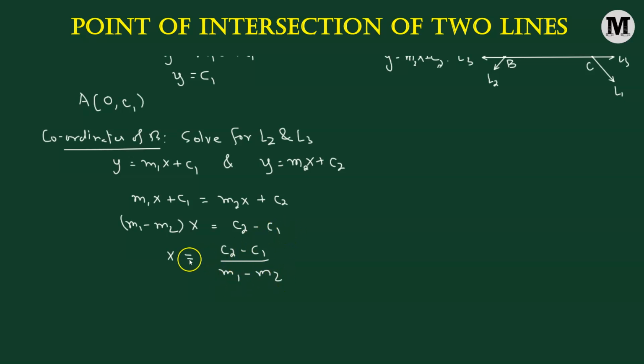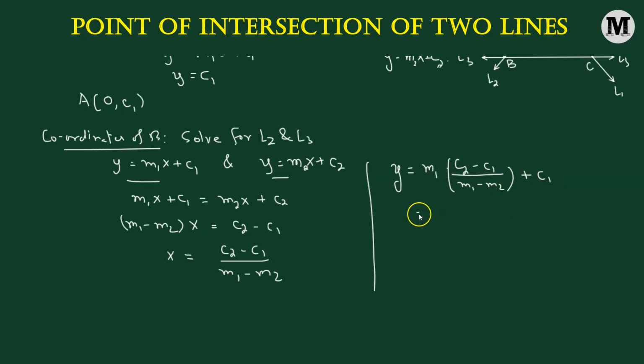Now that we have x, we can substitute it in either of the two equations of the lines to obtain y. Let's use the first equation, y equals m1x plus c1, with x as (c2 minus c1) divided by (m1 minus m2). We have a common denominator of m1 minus m2.